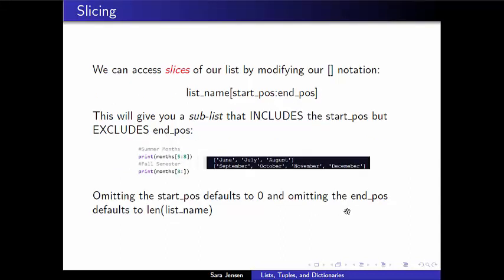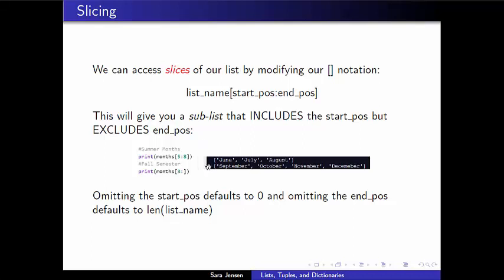Sometimes we want to access more than one element in our list at a time. Sometimes we would like to access what's called a slice of the list, which is some sort of range of indices that are important to us. We can do this by modifying our square bracket accessing notation with the following syntax. We give the name of the list, we use the square brackets just like we would when accessing an individual element, and we give 2 indices to the computer separated by a colon.